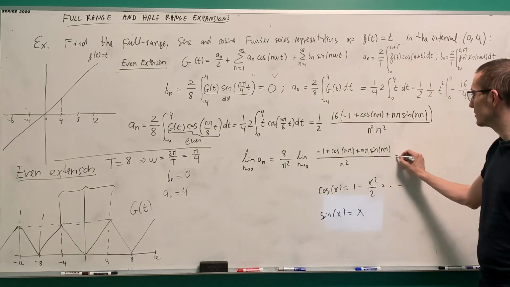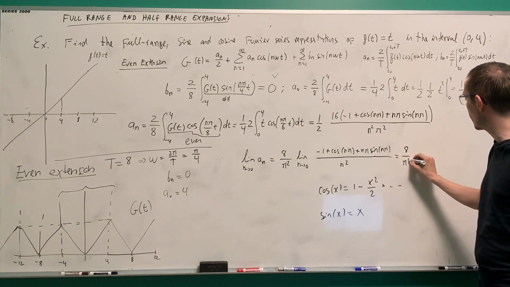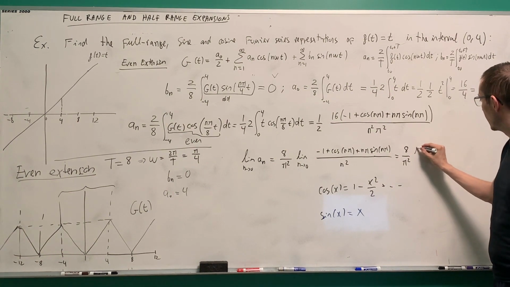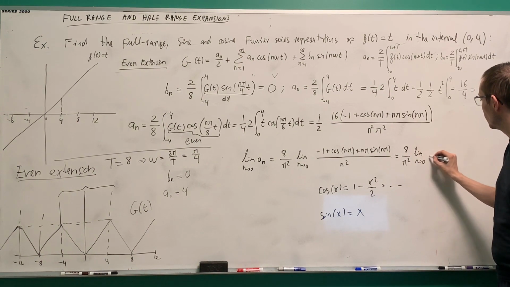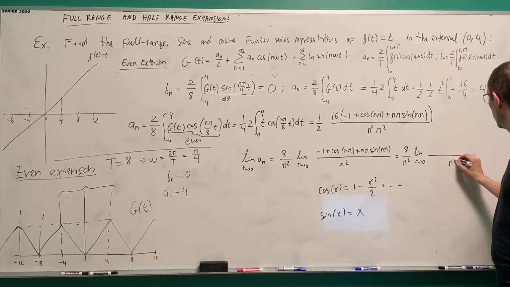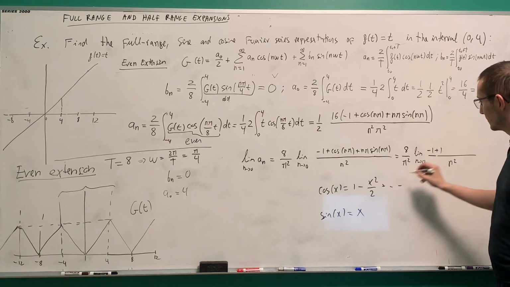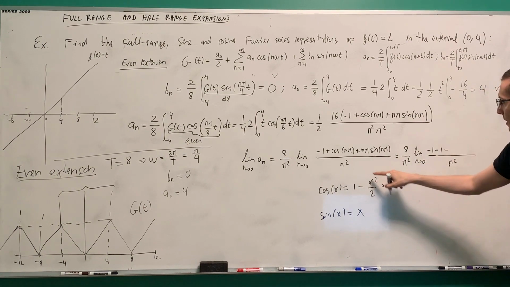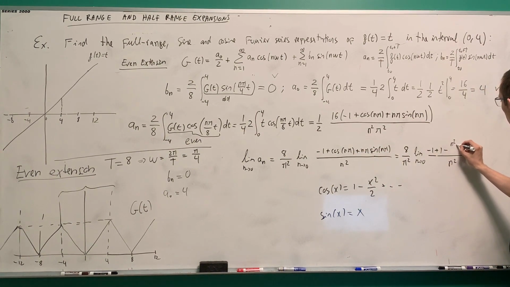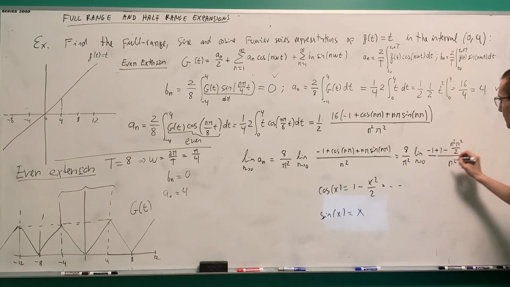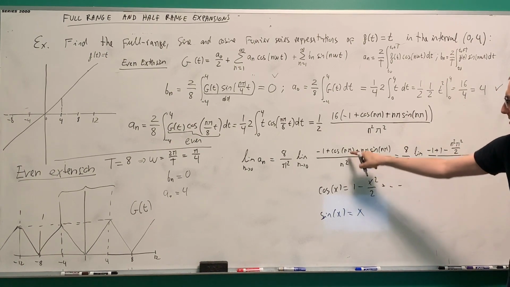If I do that here, this thing is 8 divided by pi squared. And then I get the limit when n goes to 0 of n squared, still here, and I get minus 1 plus 1, that's going to cancel, minus n squared pi squared divided by 2 from the cosine from this term. The x is n pi.